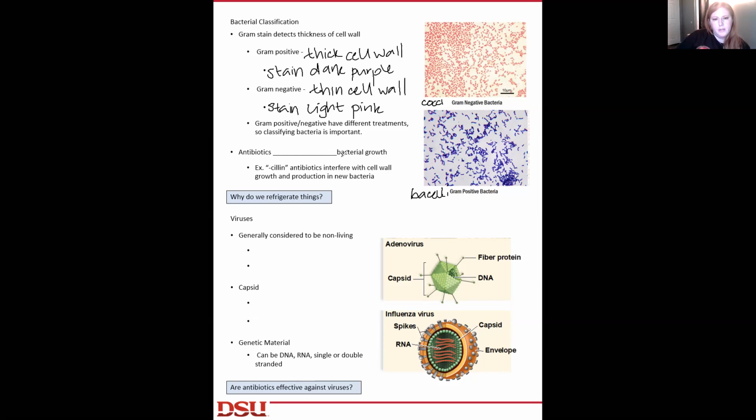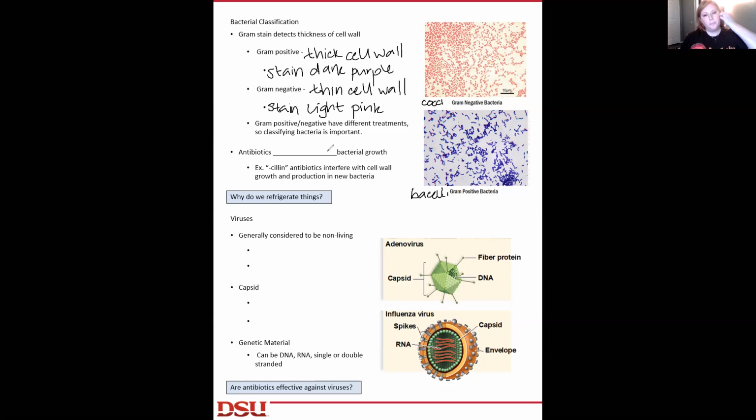Okay, so gram-positive and gram-negative bacteria have different treatments. This is really true because some bacterial treatments go after the cell wall. For instance, the cillin drugs: penicillin, amoxicillin, ampicillin.